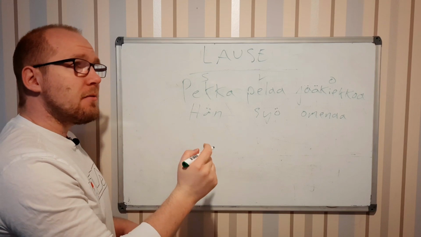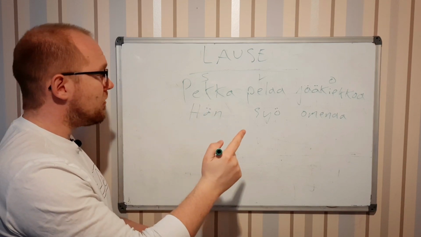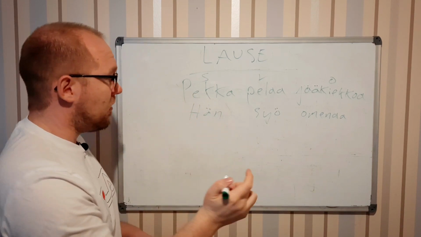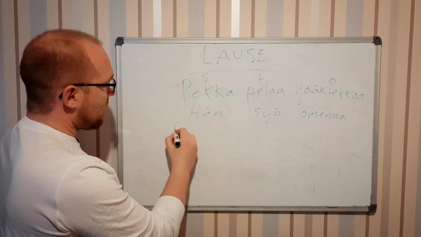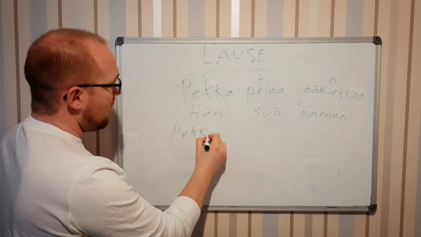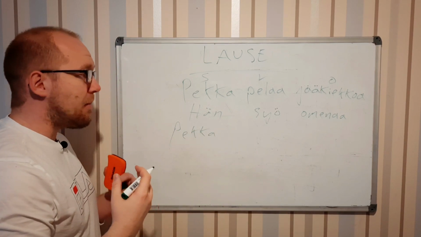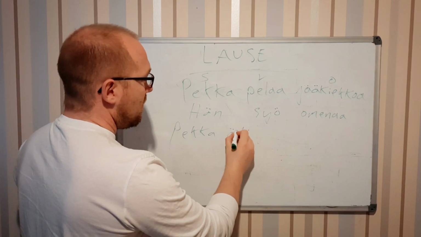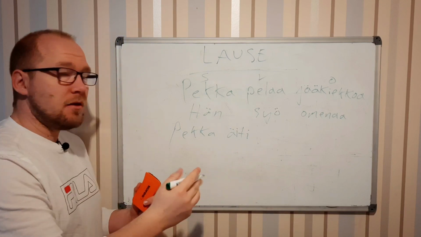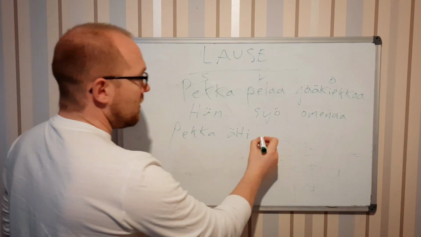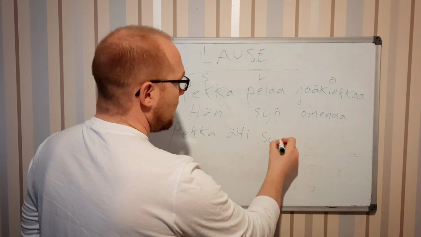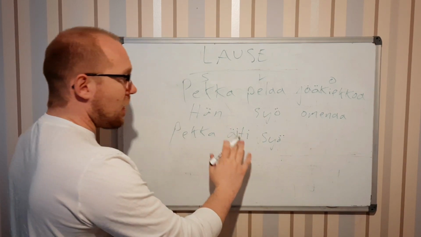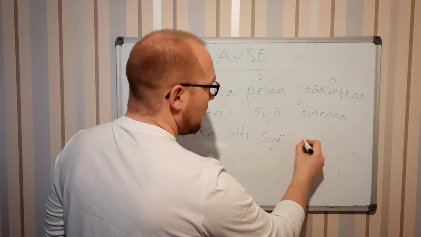How to say, like, when there's a Pekka's mother? Okay, so we have to take Pekka, and then we have to take mother, äiti. Pekka, äiti, eat. Then we need an apple, omena. Pekka, äiti syö omenaa.